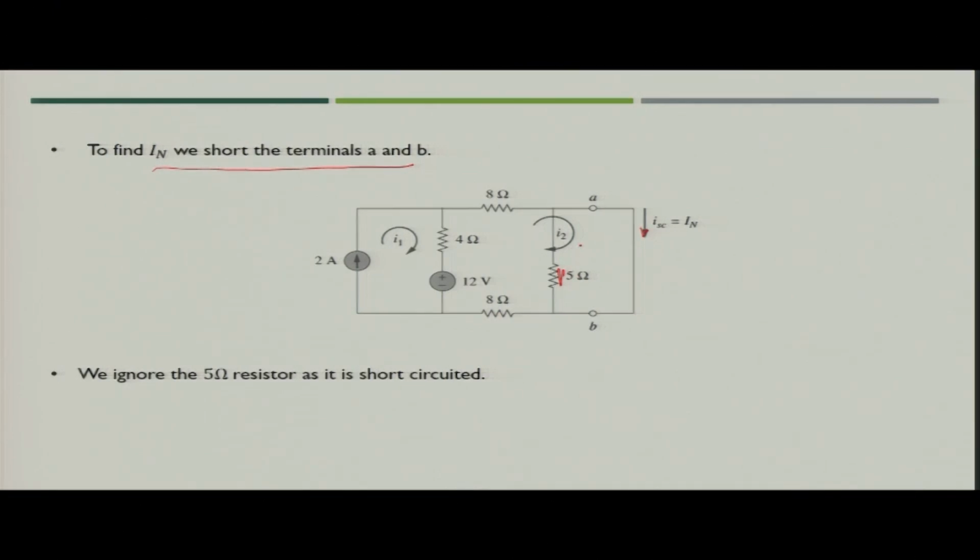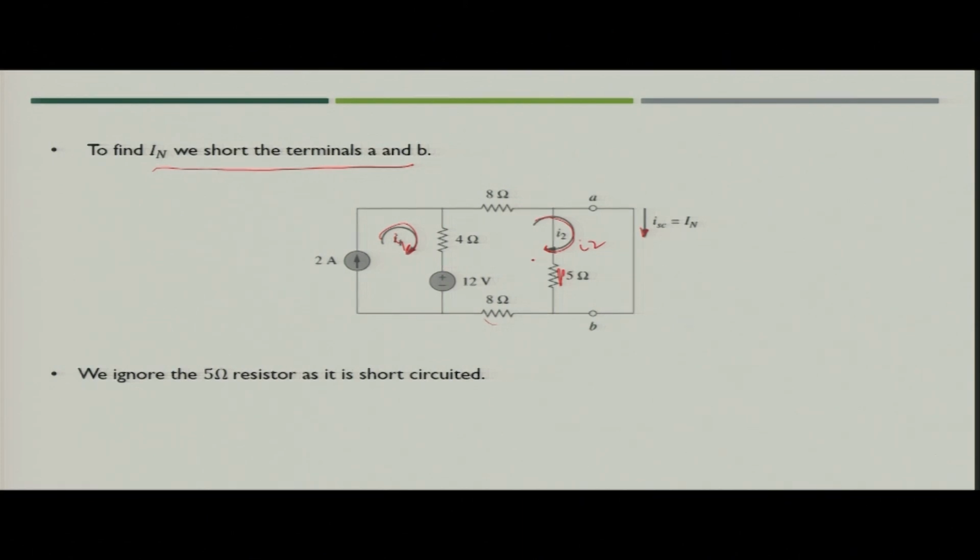So, in that way we will be left with only 2 meshes. Let us say this is mesh current I1 and this is mesh current I2, flowing through 4 ohm, 8 ohm, then the short circuit wire, then again 8 ohm and the 12 volt source.